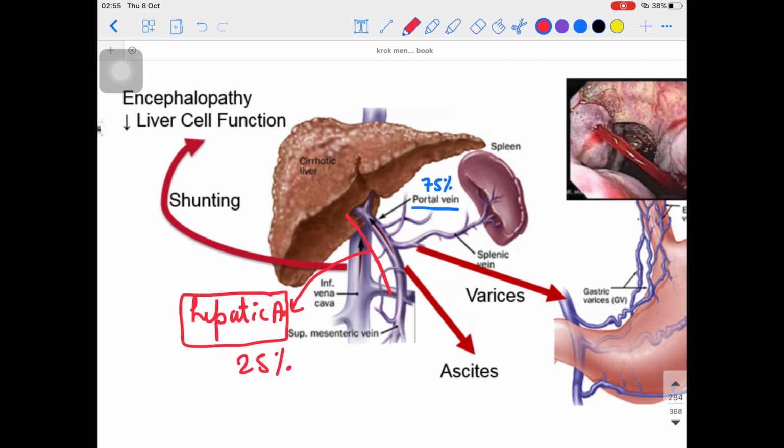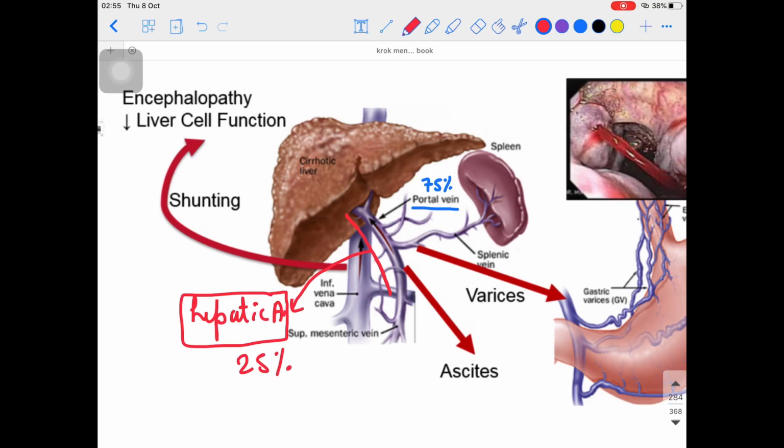They need the blood supply because the liver has several functions: protein synthesis, various clotting factors, and a long list of other functions.